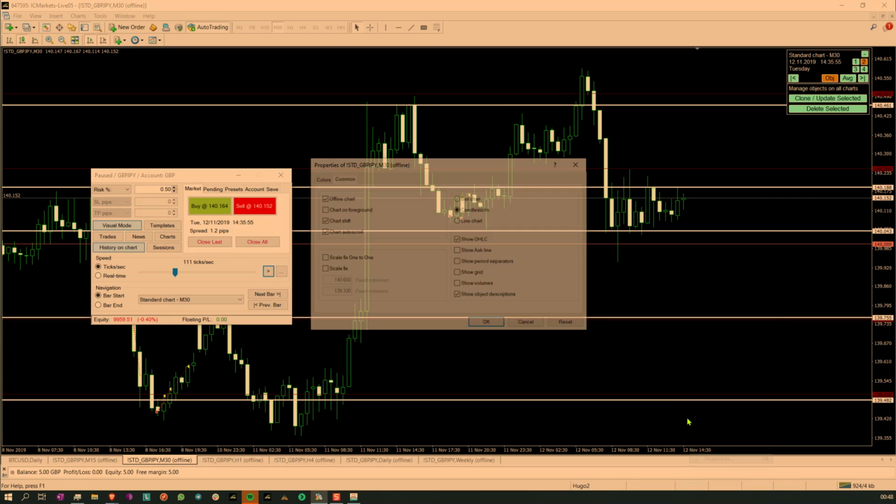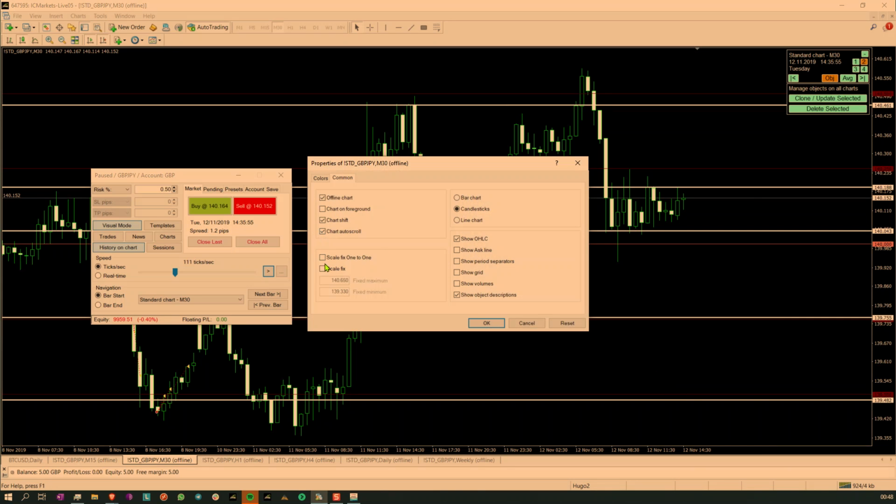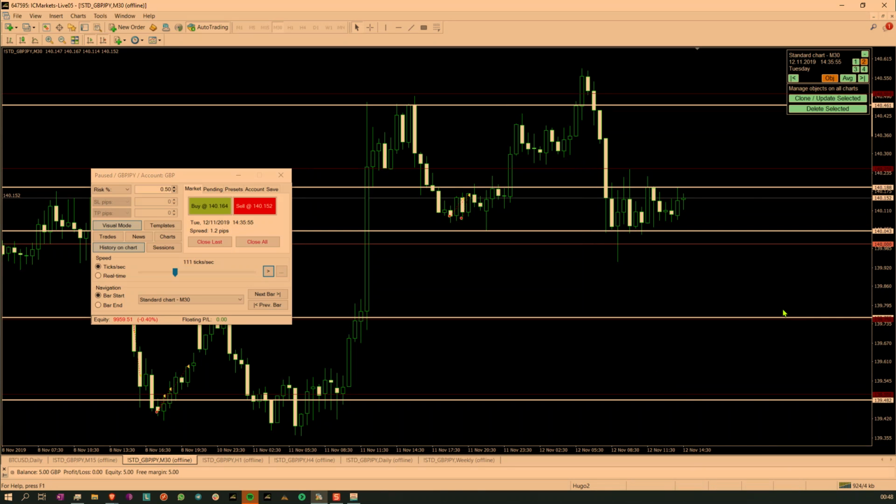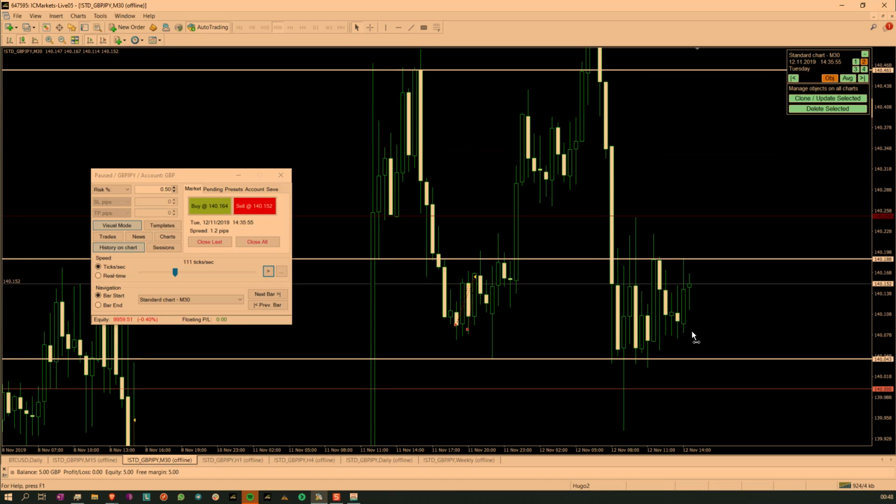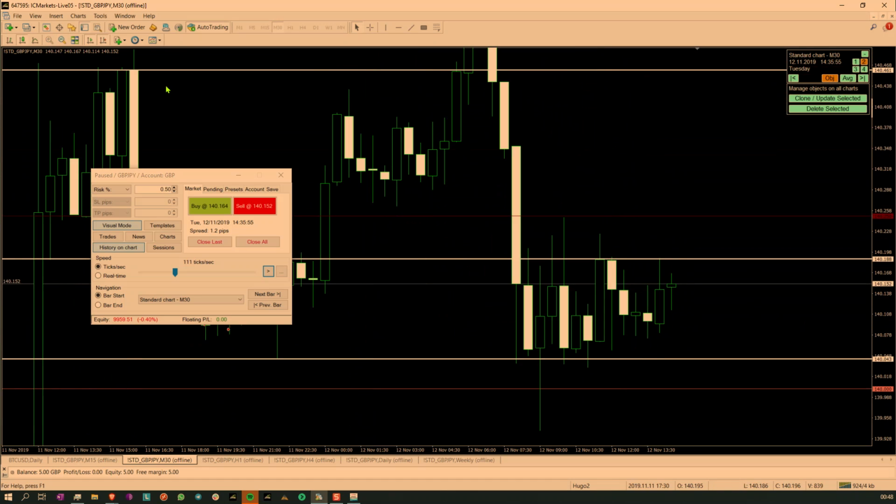So I would say that if we reach the high of this candle here, we have a lot of wicks on the left, so we don't know. Yeah, we don't know. But it's volume time.